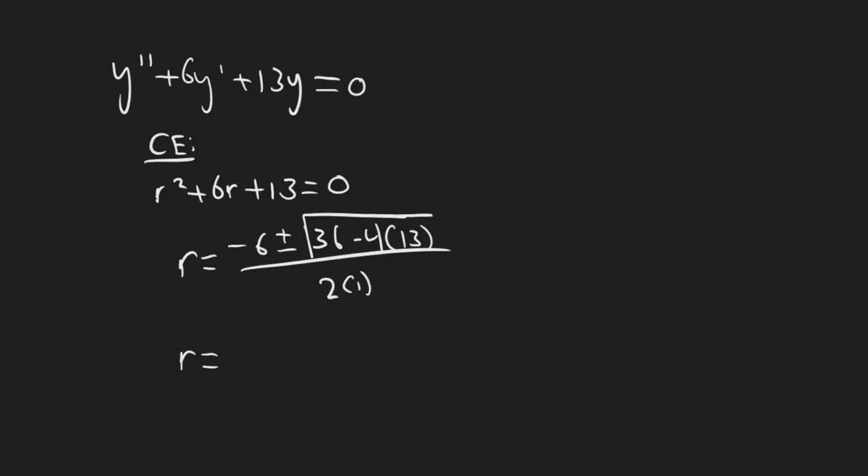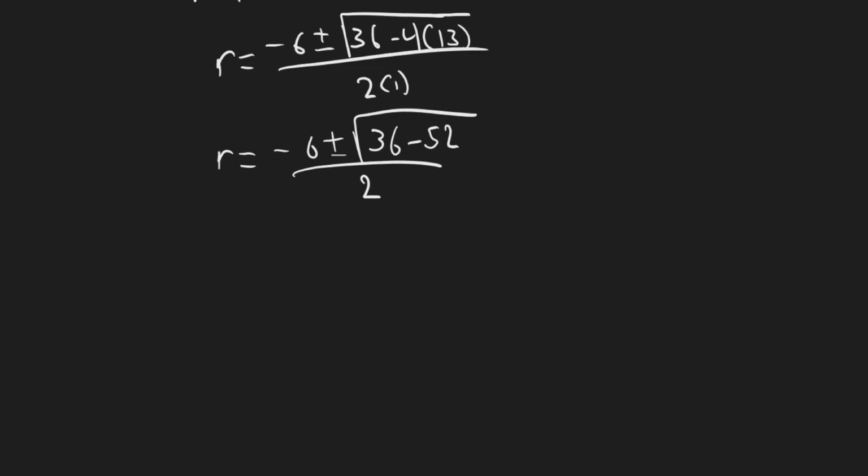So then r equals negative 6 plus or minus the square root of 36 minus 4 times 13. So what's 4 times 13? That's just going to be 52, over 2, like that. Okay, so let's move forward. r equals negative 6 plus or minus, well, what's 36 minus 52?